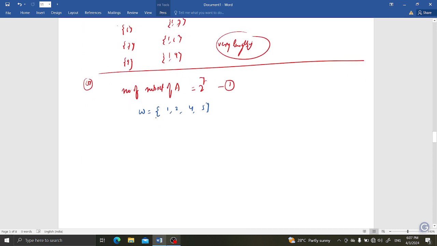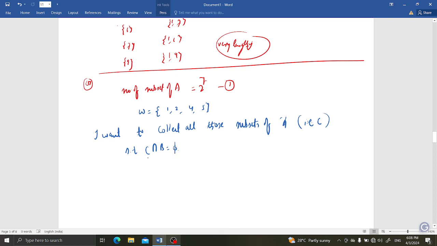What I will do here, I am trying to collect all those subsets of A, that is C, such that C intersection B is empty.